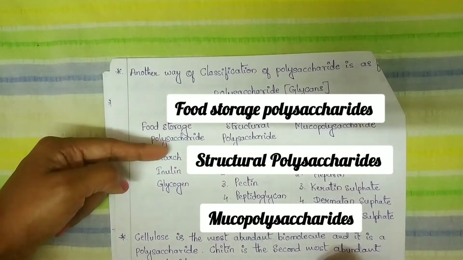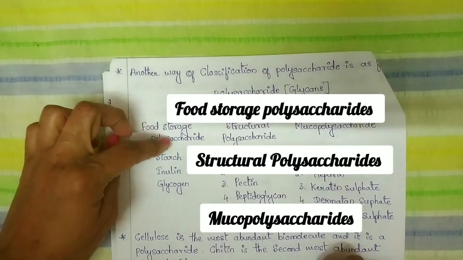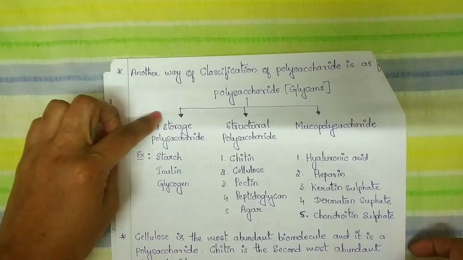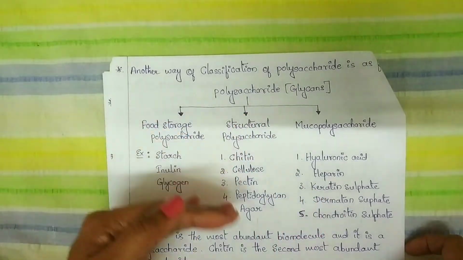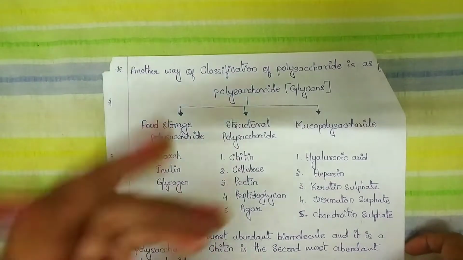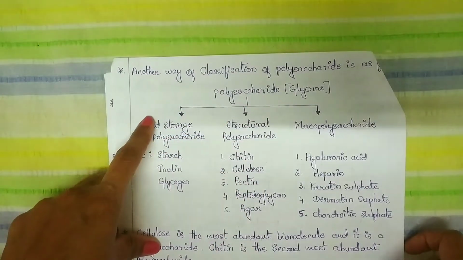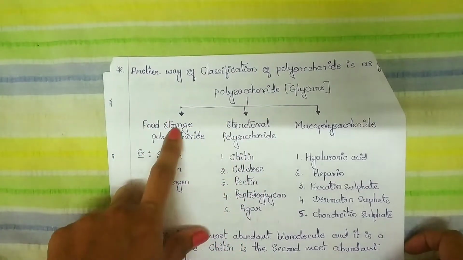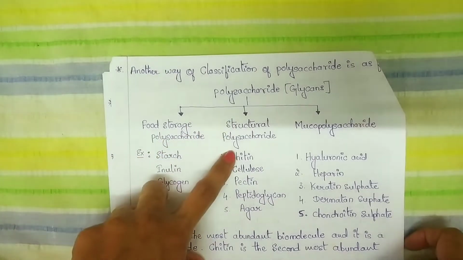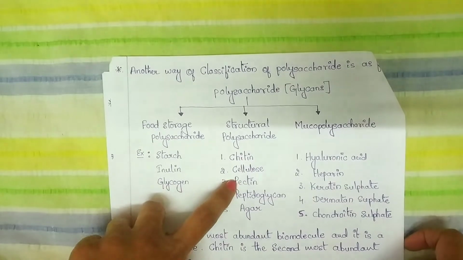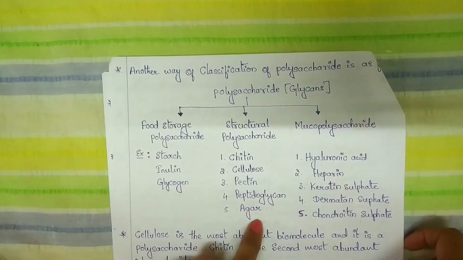Food storage polysaccharides store the food, and structural polysaccharides support the structure, like the cell membrane. Examples for food storage polysaccharides are starch, inulin and glycogen. Structural polysaccharide examples are chitin, cellulose, pectin, peptidoglycan and agar.